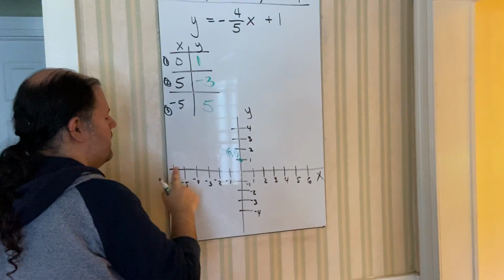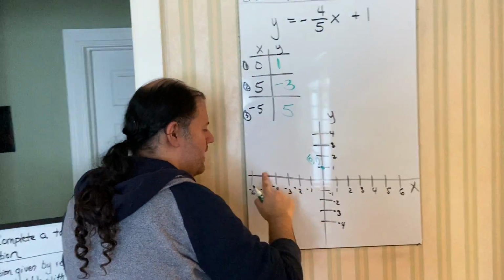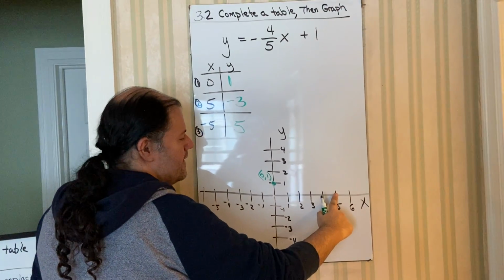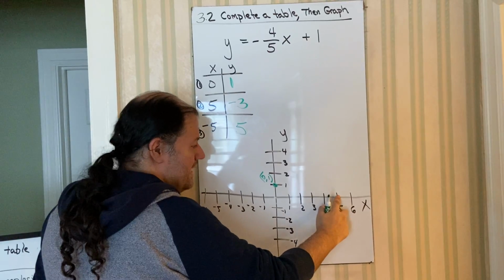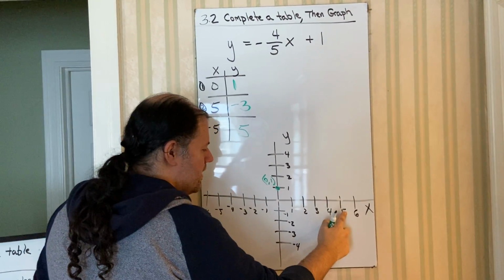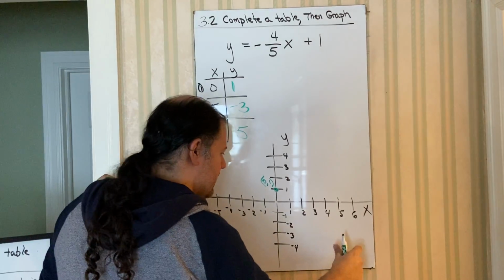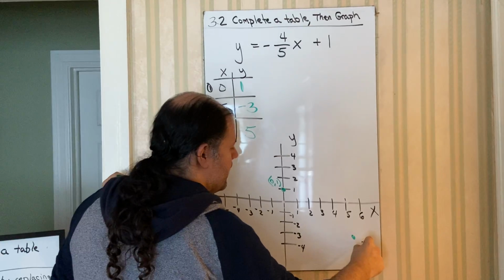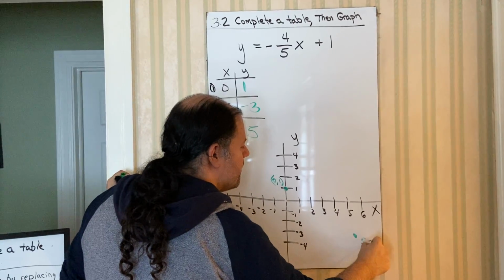Find x is 5, so positive 5 on this x line, right here. And then -3, since it's negative, go down 3 units from here, not from the middle, from where you're resting your finger. 1, 2, 3, and then make your mark. And then that's 5, -3.